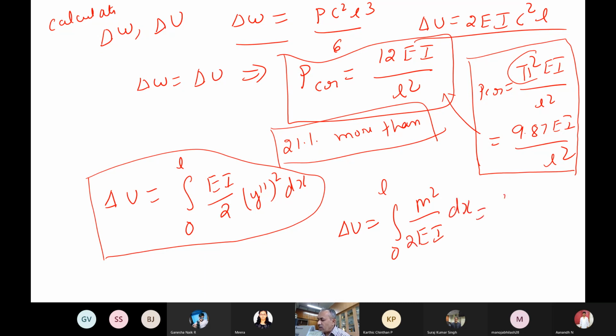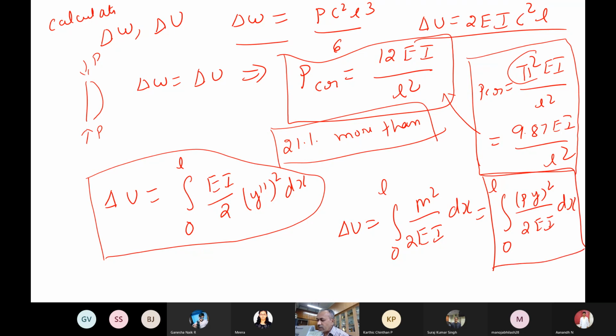Now I will substitute M equal to P times y, because M anyway is equal to P times y for my column, say it is P. You followed, right? When it is getting deflected, P times y I can take. Now I will use this expression.